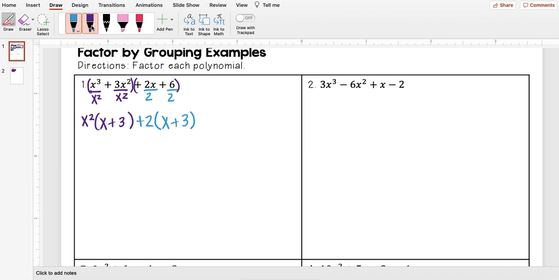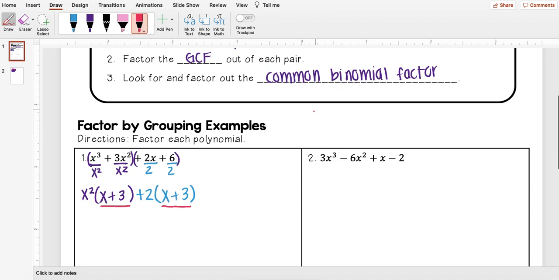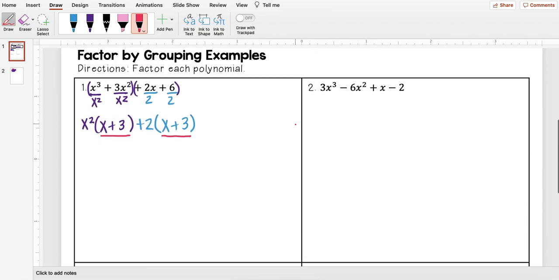Now here you know you're doing it right when you have the same thing here. That's what we're looking for. Because now I can go ahead and factor out the common binomial factor. So I'm going to take these that are out in front, x squared plus 2, and they're going to go into their own parentheses, and then x plus 3 at the end.